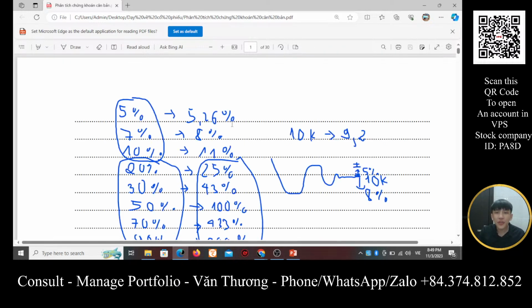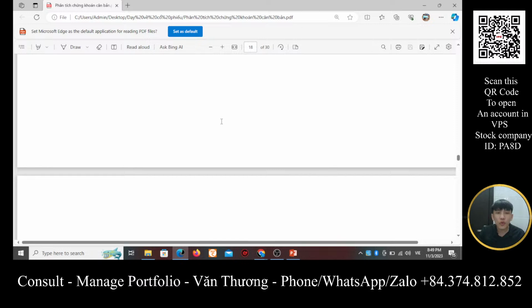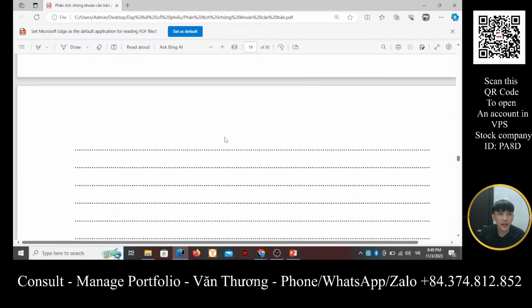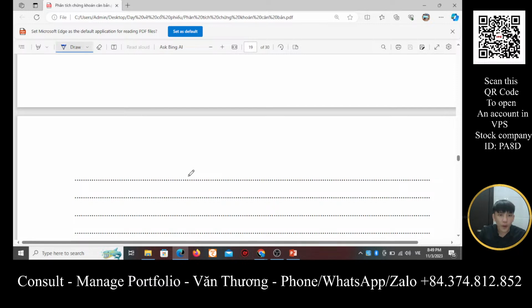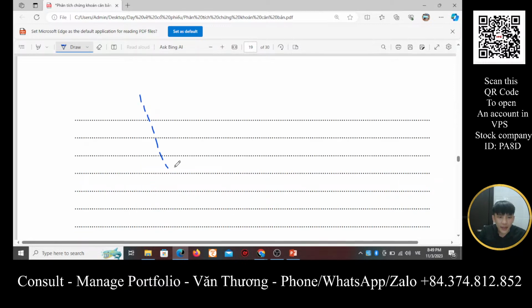I'm going to share with you three ways to detect the first day of recovery. For example, the index is in a downtrend like this, and yesterday had a dark candle like this, but today the stock closed above the lowest point in here.